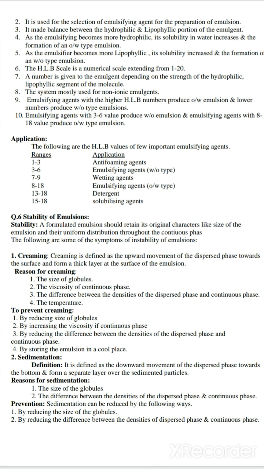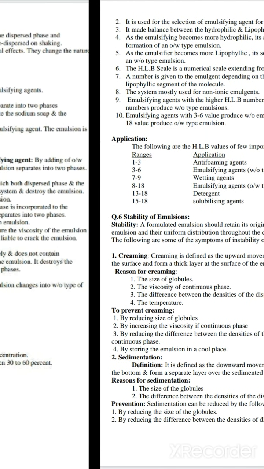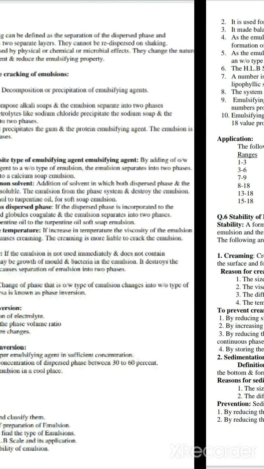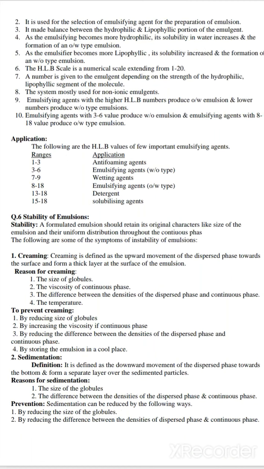Then we are discussing the stability of emulsion. For stability, the formulated emulsion should retain its original character, like the size of the globules and the uniform distribution throughout the continuous phase. The following are some of the symptoms of instability of emulsion. First is creaming.